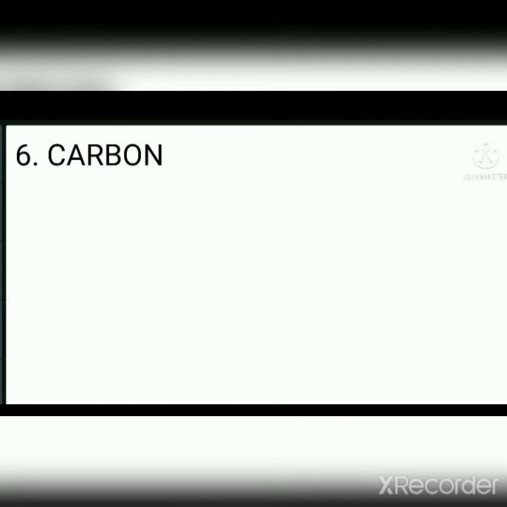So how will you take out the electronic configuration of carbon? First, you have to see the atomic number of carbon. The atomic number of carbon is 6. Now how to take it out?